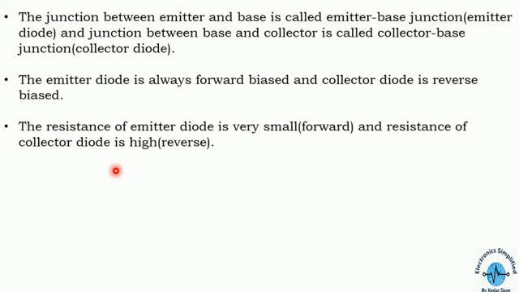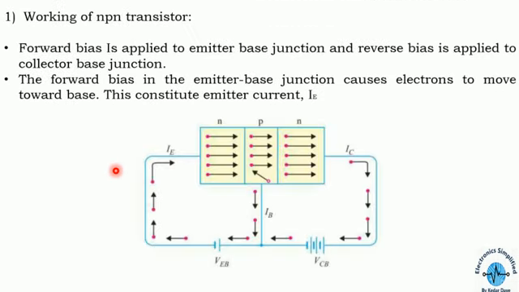Now we are going to understand the working of an NPN transistor. I have already discussed almost the working, but still we will see that forward bias is applied to the emitter base junction. Here you can see that the forward bias condition is applied to the first PN junction diode, and reverse bias is applied to the collector base junction.